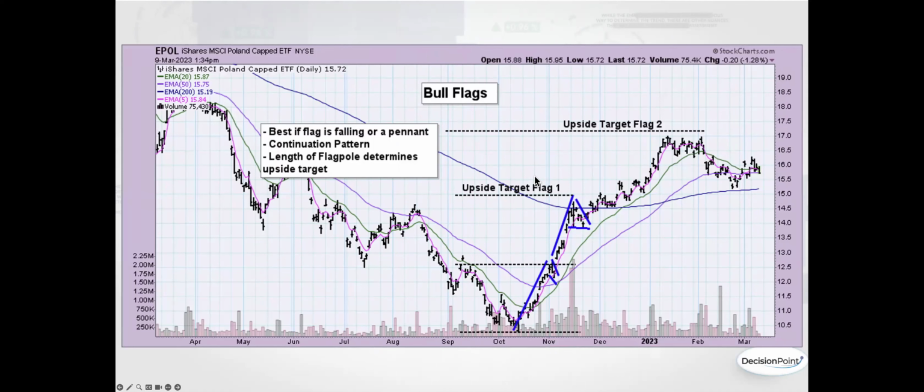We have the bull flags. These are great, great patterns. These patterns work out a lot of the time. And they are great because you can get targets out of them. Just like a flag, you have a flagpole, and then you have a flag on the flagpole. Typically what you want to see are flags where the price is moving downward.